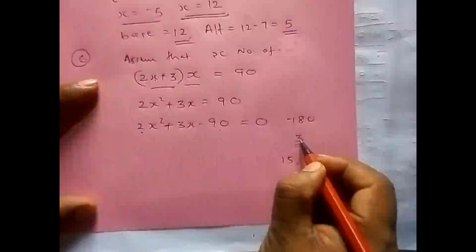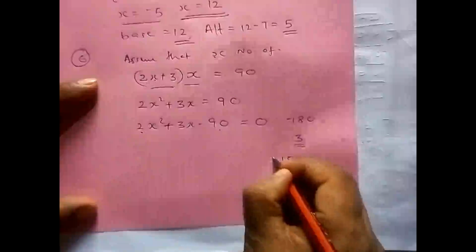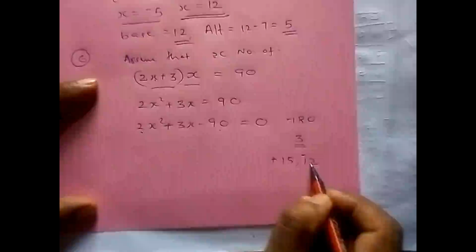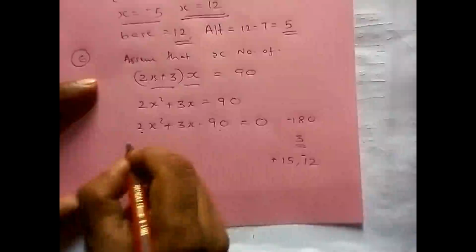Here the bigger number is positive because the sum is positive. So this is positive and this is negative, so that the sum is 3 and the product is minus 180.